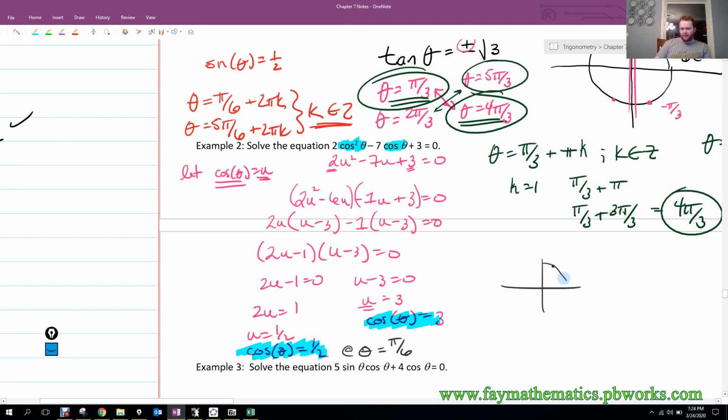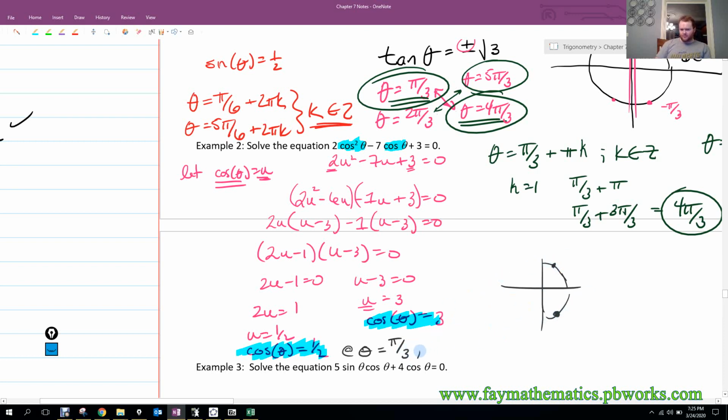That'd be about right there on my unit circle, but it is also right there. That would be the next place, which is going to be 5 pi over 3.